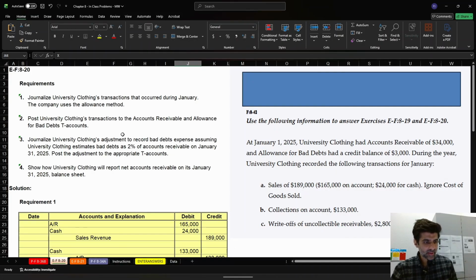Okay, so take a couple of minutes, see if you can finish that up. Okay, so what this is saying is that we're assuming the bad debts are going to be 2% of the accounts receivable. That means that whatever balance we have at the end of January, we're expecting to collect only 98% of it, and 2% of it is going to be written off.